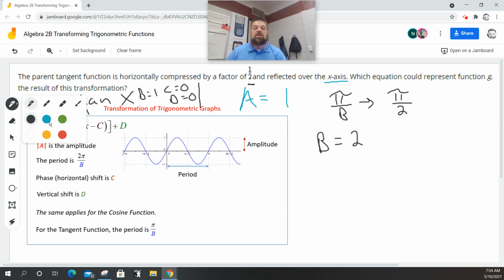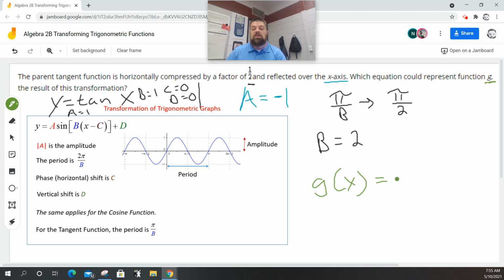But for my transformed function, A would have to equal -1 because that's how I get the reflection, and B would have to equal 2 because that's how I compress by 1/2. So then my function, and we want it in function notation because this is the function G, would be G of x is equal to negative tangent of 2x, and C and D still remain 0.